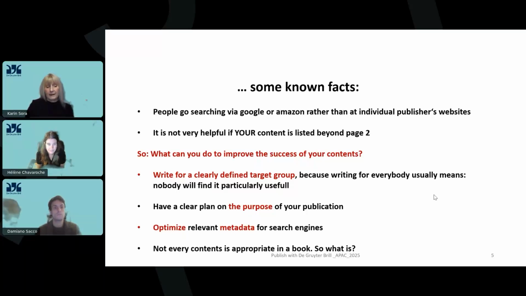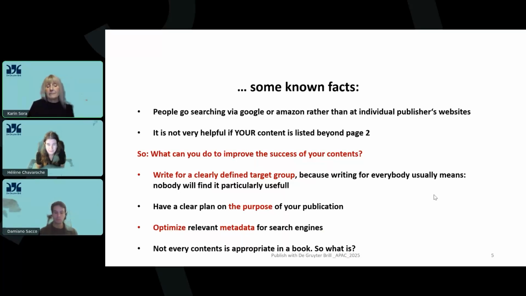So what can you do to improve the success of your content? First, you have to write for a clearly defined target group, because writing for everybody usually means nobody will find it particularly useful. We have that very often when authors say, oh, for practitioners and for laymen.